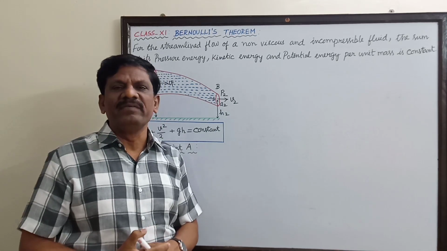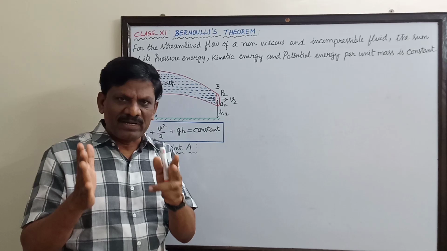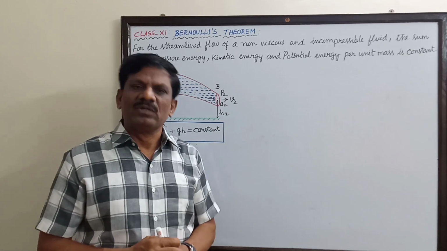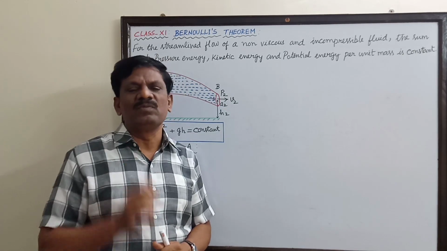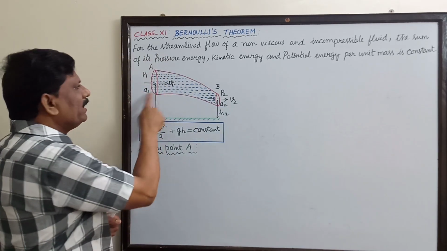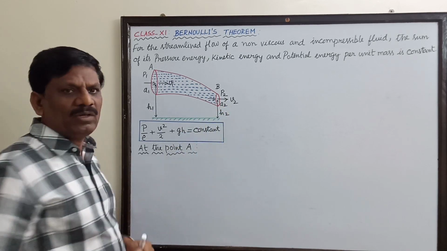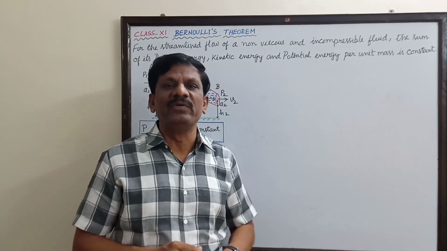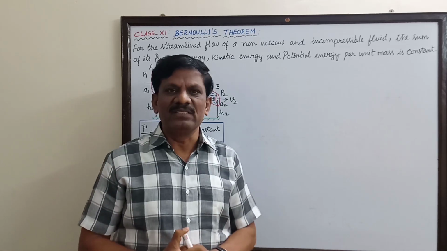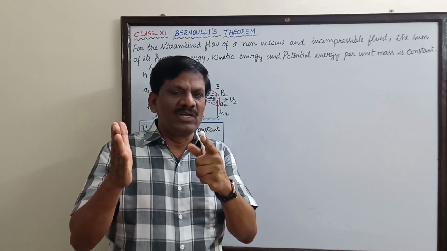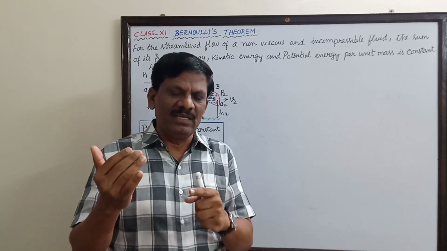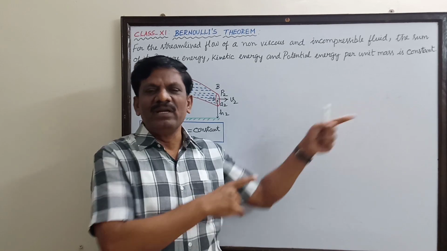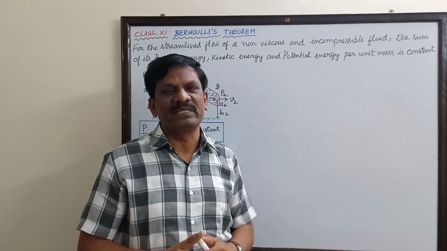Before getting into the derivation, I want to recall the very important information, namely the equation of continuity. The equation of continuity is A1 into V1 is equal to A2 into V2. And the very important fact on which this continuity equation is derived is that the mass of the liquid entering at A at any time is equal to the mass of the liquid leaving at B in the same time.